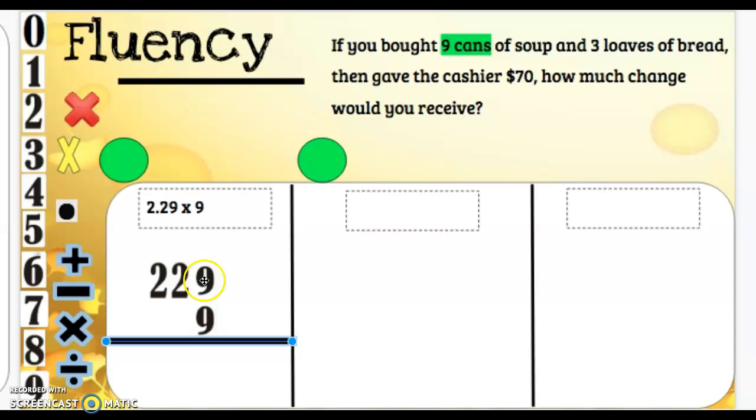So we have 9 times 9, 81. 9 times 2 is 18. 18 plus 8 is 26. And then we have 9 times 2, which is 18. 18 plus 2 is 20.